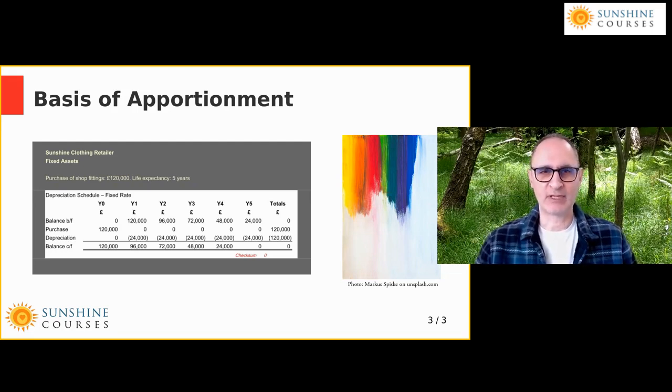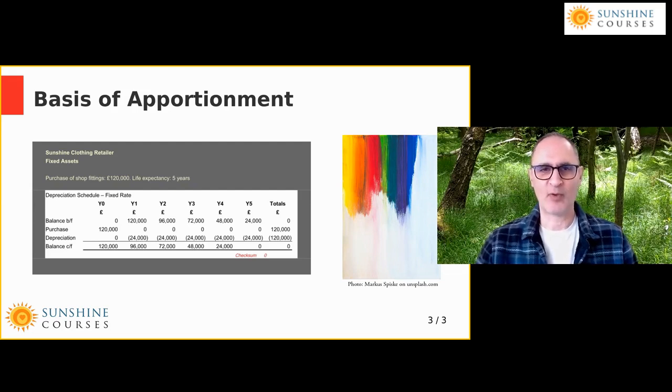And in this particular example, we're going to allocate the cost equally over a 5-year period. So the way we simply do that is to divide the £120,000 by 5, which is £24,000, and each year we're going to allocate that to the accounts to reduce that £120,000 over the 5-year period down to 0.